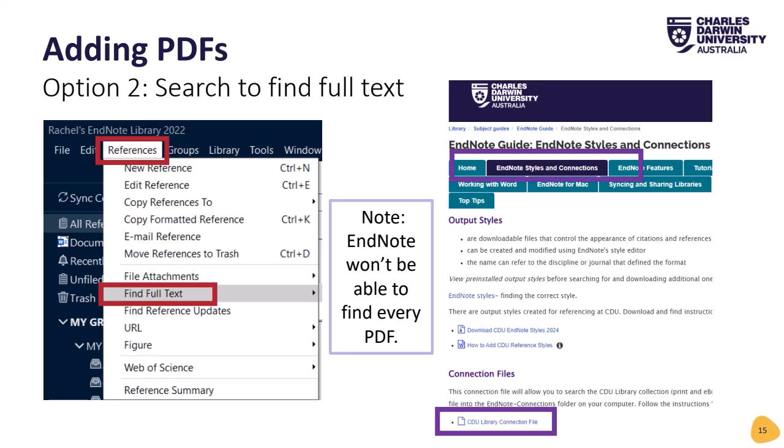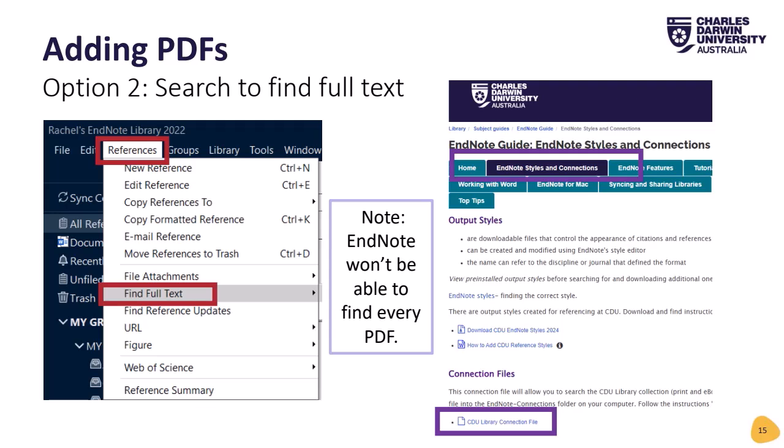To give EndNote the best chance to locate the PDF copies, I recommend going to the EndNote Styles and Connections link on the EndNote guide and downloading the CDU library connection file, which will connect your EndNote library to the resources that we have access to at the CDU library.